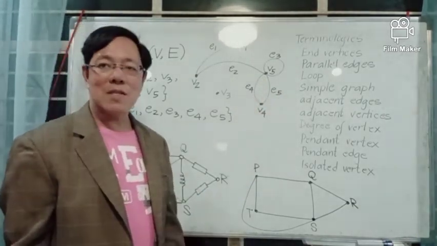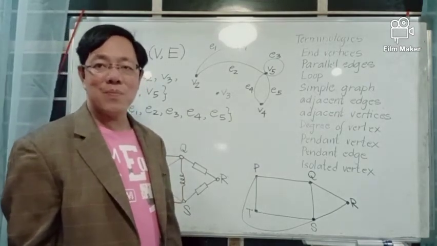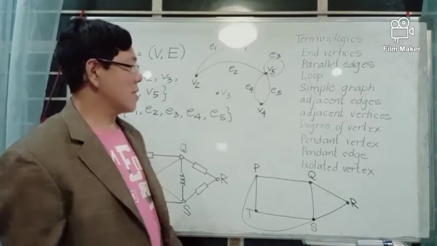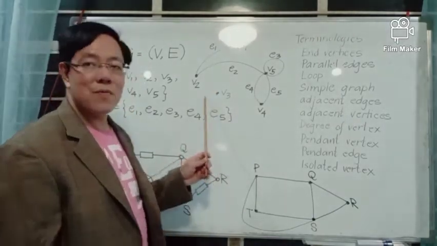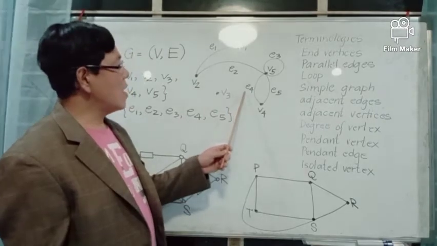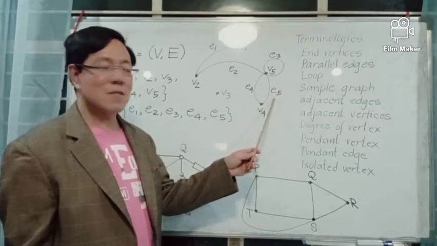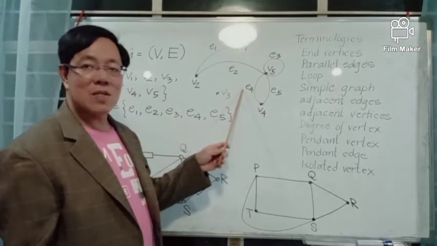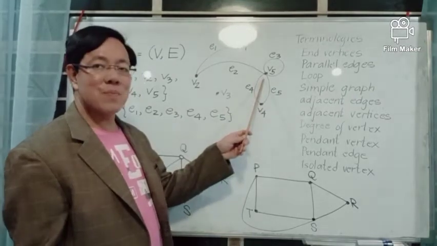Now, parallel edges, we defined earlier, are edges that have the same end vertices. In this example of graph, the edges E4 and E5 are parallel edges. The end vertices of edge E4 are vertices B4 and B5.